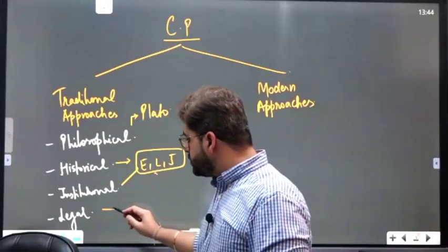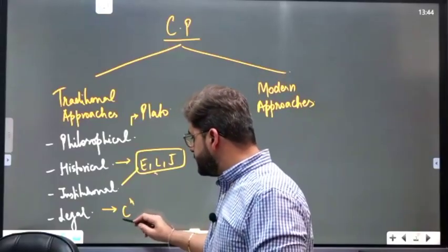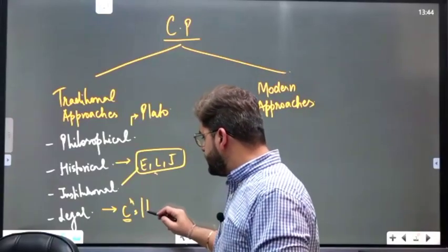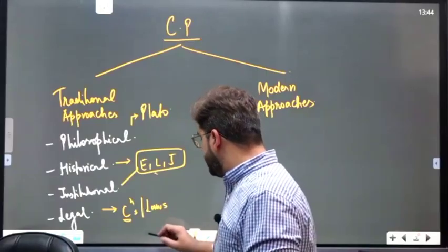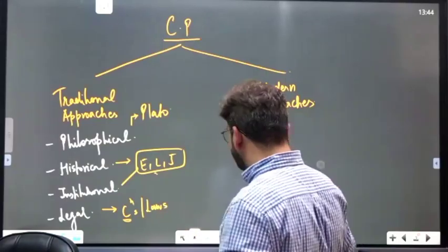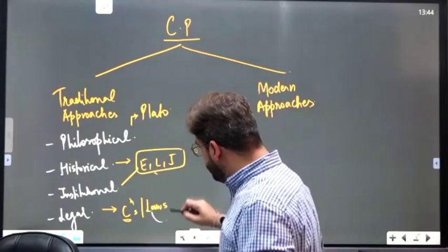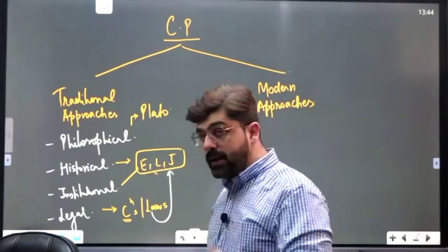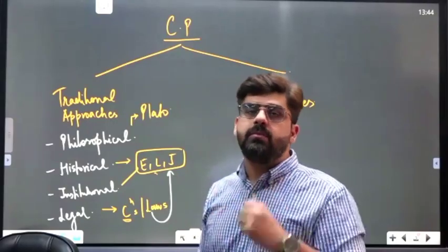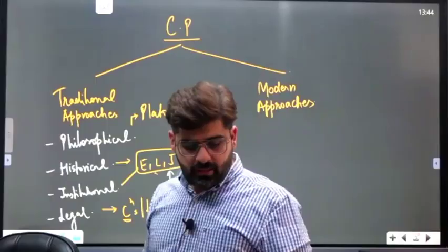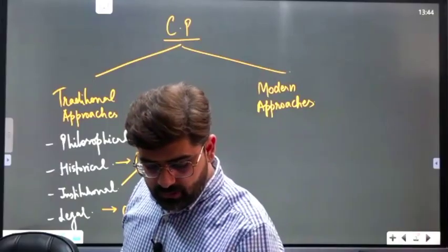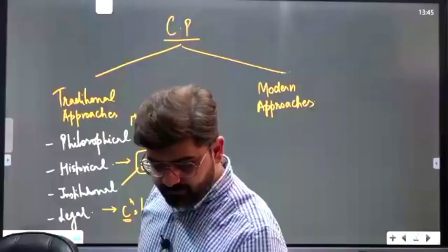Then the legal approach, it basically studies constitutions or in general laws, and it looks at the functioning of these institutions as a byproduct of what is the law there. Okay, that is how this approach works.